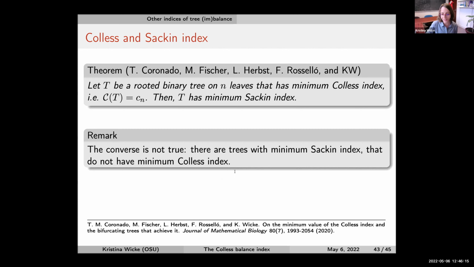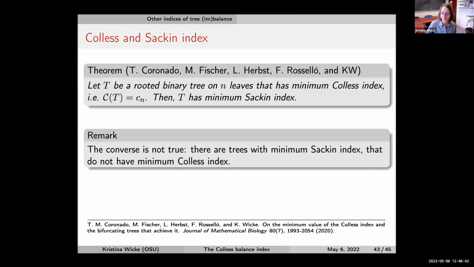And so the idea here is that for the Sackin index, basically you can show, or if you recall for the Colless index, we had this leaf partitioning for the maximally balanced tree. That was one extreme, and the leaf partitioning for the greedy from the bottom tree was the other extreme. And so it turns out that for the Sackin index, every pair n_A and n_B within that range will lead to a Sackin minimal tree.